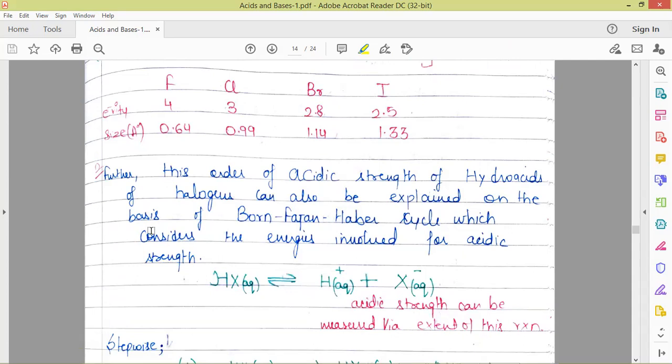So this order of acidic strength can further be explained based upon the energies involved in the generation of H positive from the hydroacids of halogens. If we use the Born-Haber cycle, where all the energies involved in the generation of H positive are included, let us see.